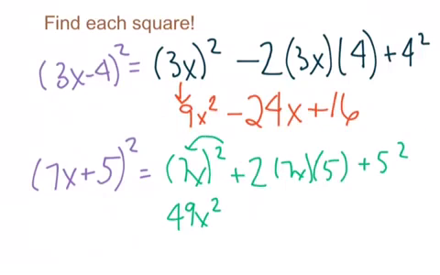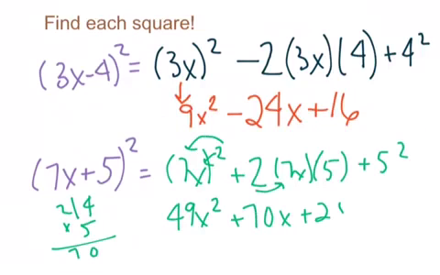This is going to be 2 times 7, which is 14. 14 times 5, let's do that over here. Really, that's 70. Okay, plus positive 70x plus a positive 25, because 5 squared is 25.